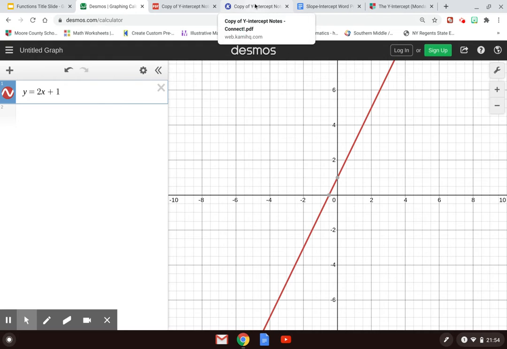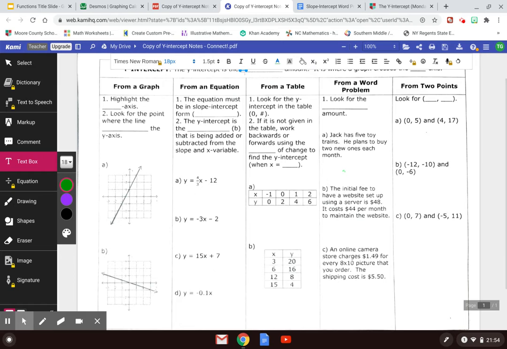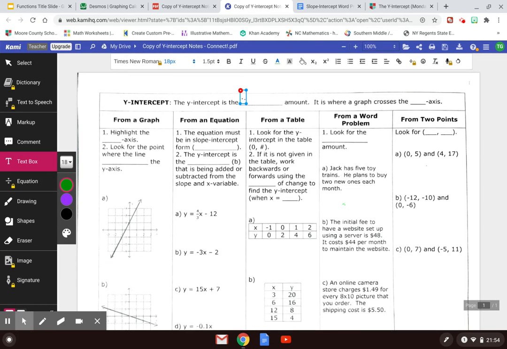All right, so if we go to our guided notes for today, we'll start right up here with the definition of the y-intercept. It is the initial value or starting amount.